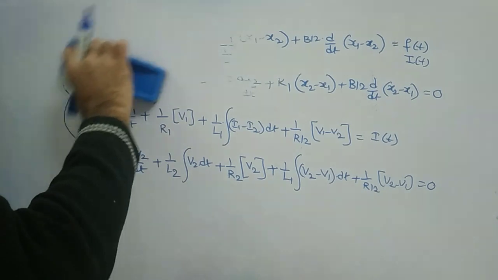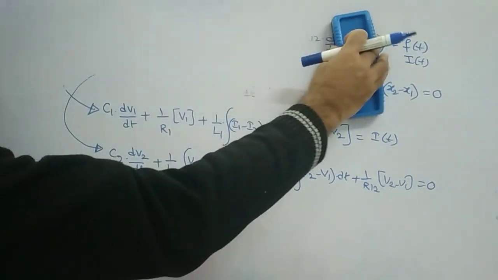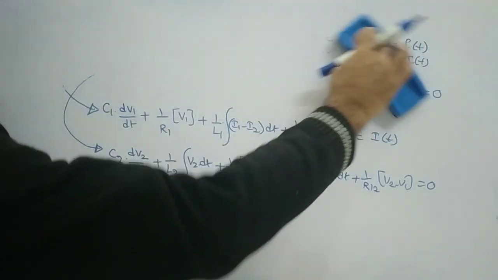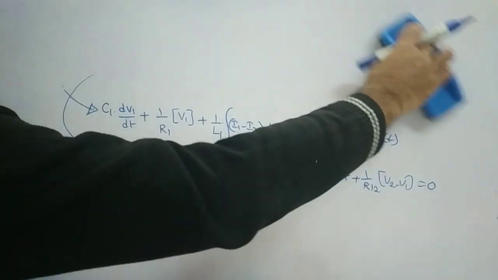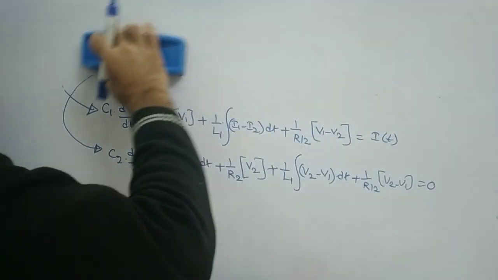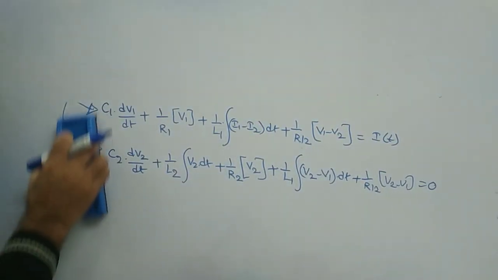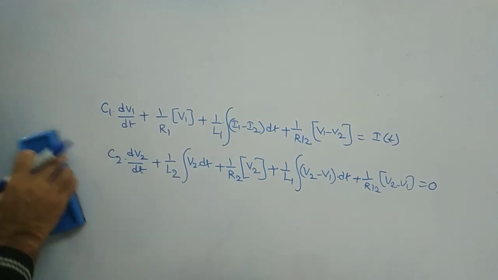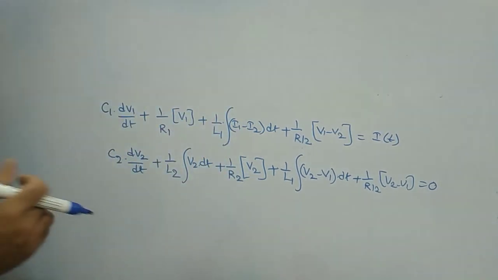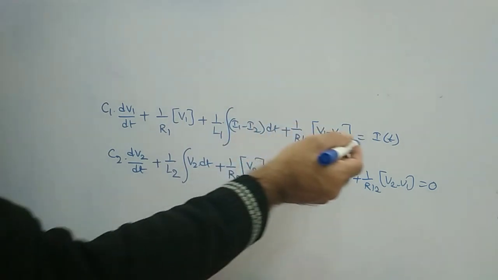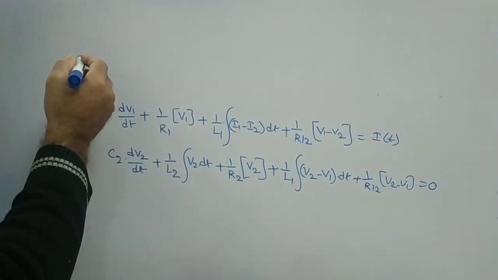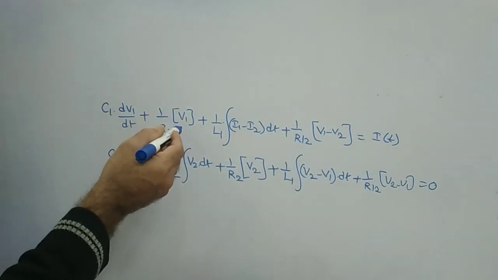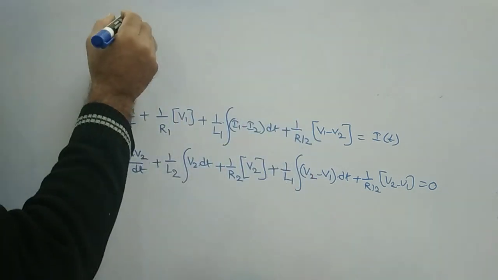Now I will draw the electrical equivalent circuit. Consider these two expressions. I of t is the input current, and V1 and V2 are the two nodal voltages.